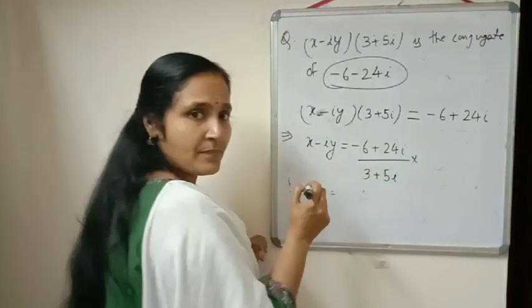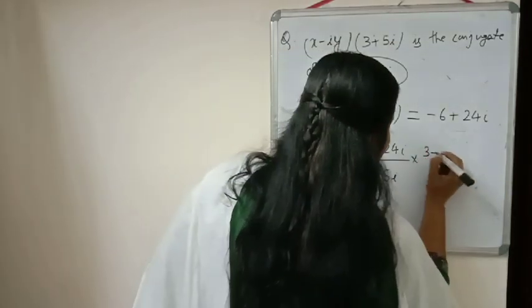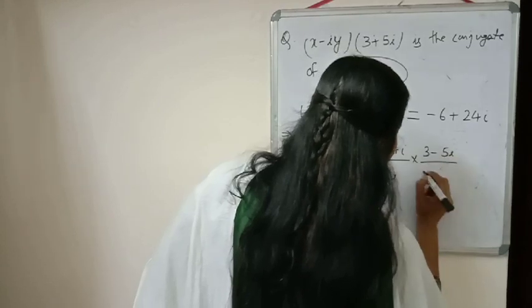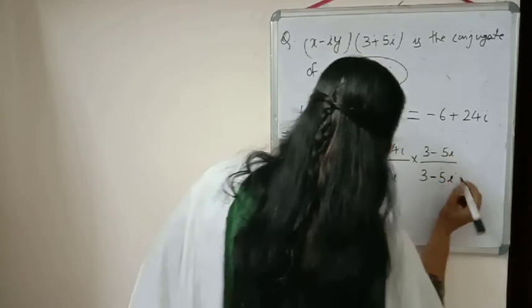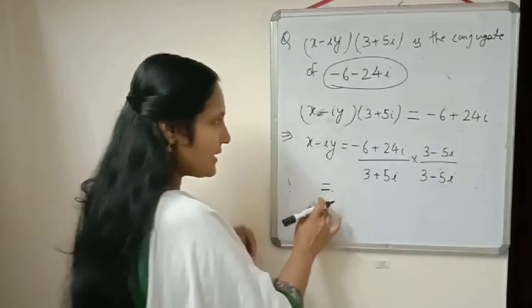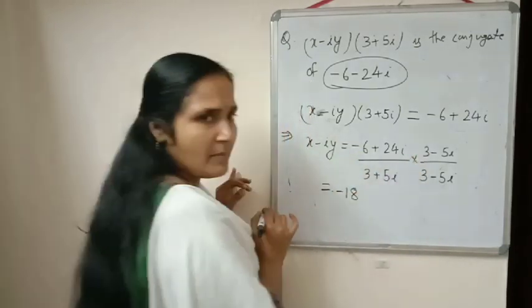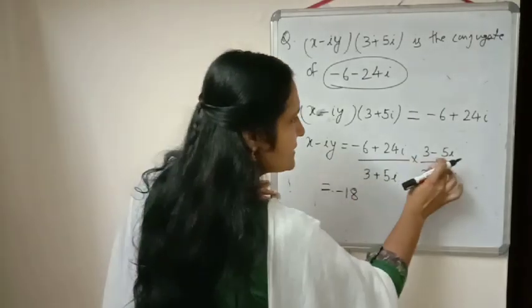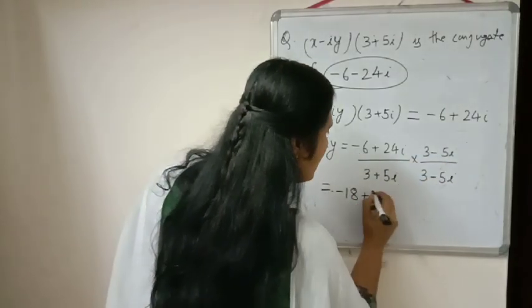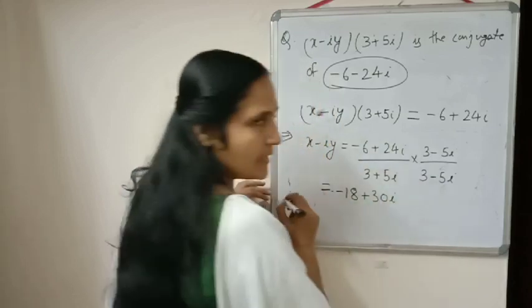Now we can do the rationalization. So into (3 minus 5i) by (3 minus 5i). Now just do the multiplication. Minus 6 into 3 will be equal to minus 18. Minus 6 into minus 5i will be equal to plus 30i.